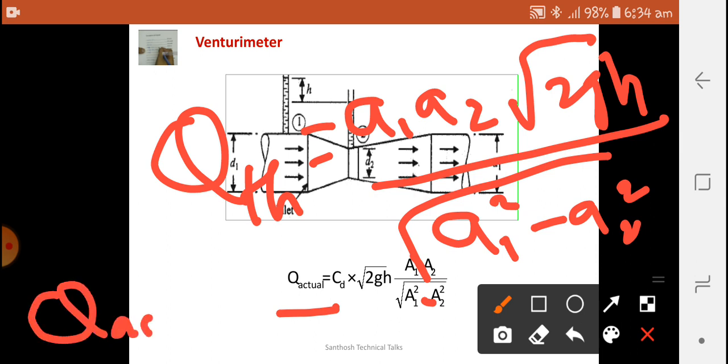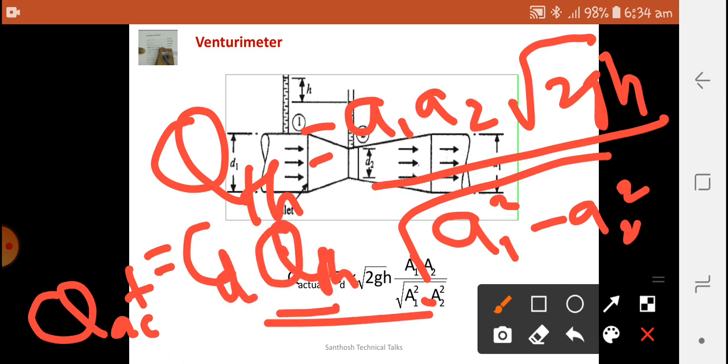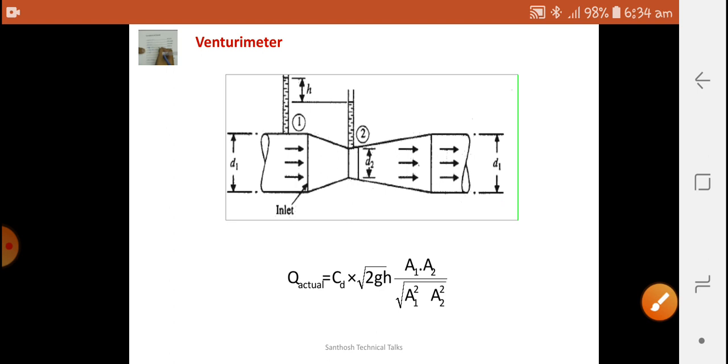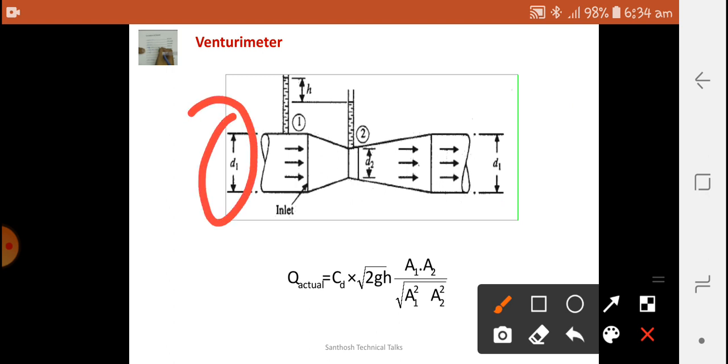The actual discharge is equal to Cd, the coefficient of discharge, into Q theoretical. Therefore this formula comes into the picture. As I said earlier, the areas A1 and A2 are found by means of the diameters, and h is the pressure difference. So from the total head equation, we are deriving these things.